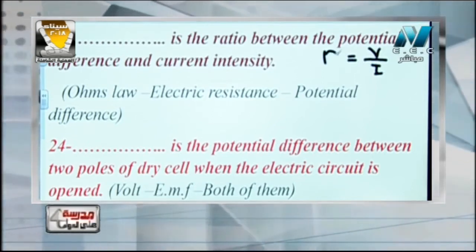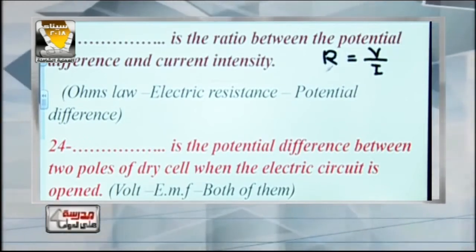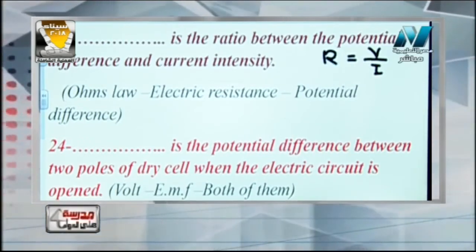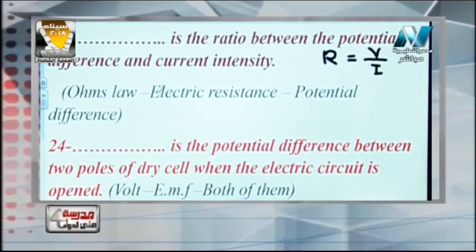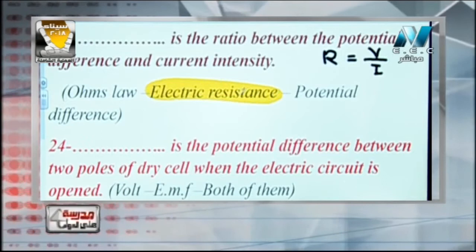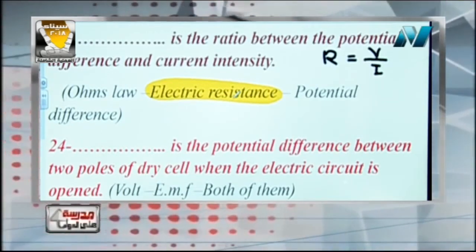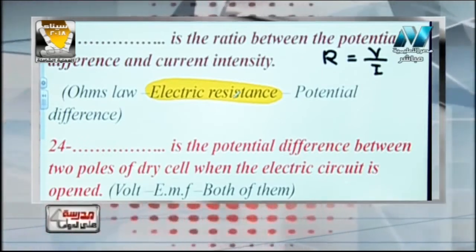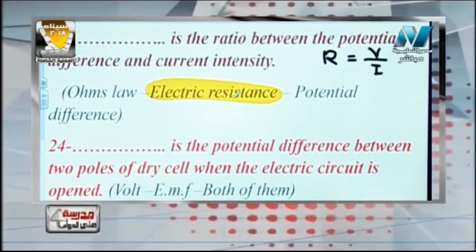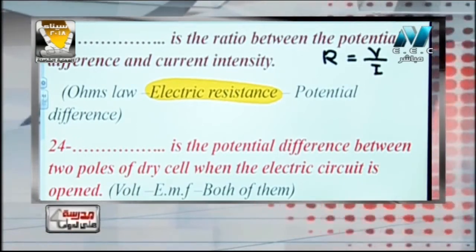Yes, equals R. So the ratio between the potential difference and the current intensity is the electric resistance. Of course here, according to Ohm's law, when the scientist Ohm defined electric resistance, he said that electric resistance is the ratio between the potential difference and the current intensity.